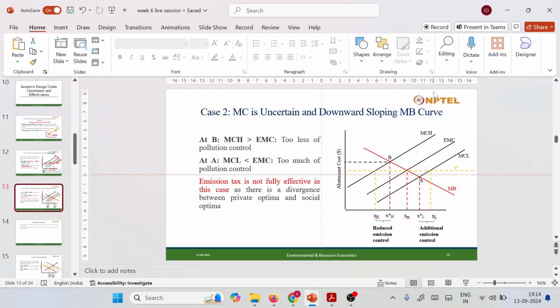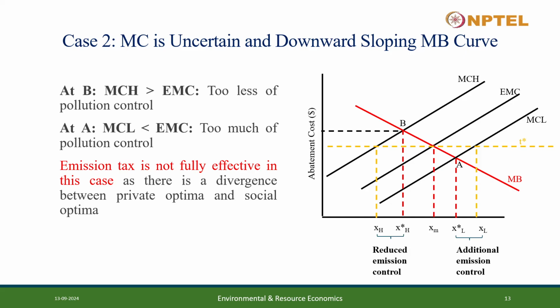Okay. So now we are taking the case when we have three conditions. Our expected marginal cost is shown here. And then we have marginal cost which might be higher or which might be lower, because the regulator or the policy maker does not know the MC curve.